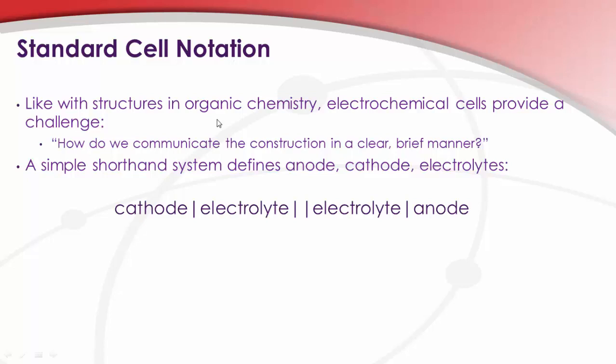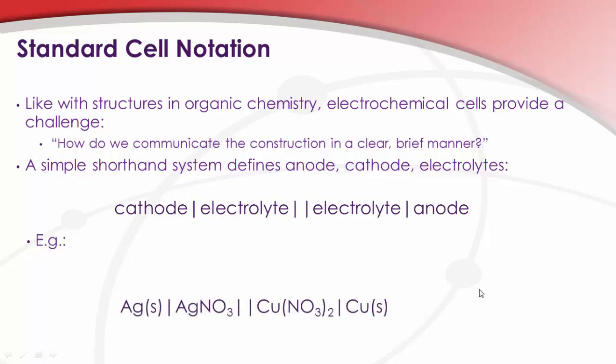So very briefly, we can describe our electrolytic cell or our galvanic cell just by simply specifying the material for the cathode, the electrolyte around that cathode, the material for the anode, and the electrolyte around the anode. And this double bar here represents our salt bridge.